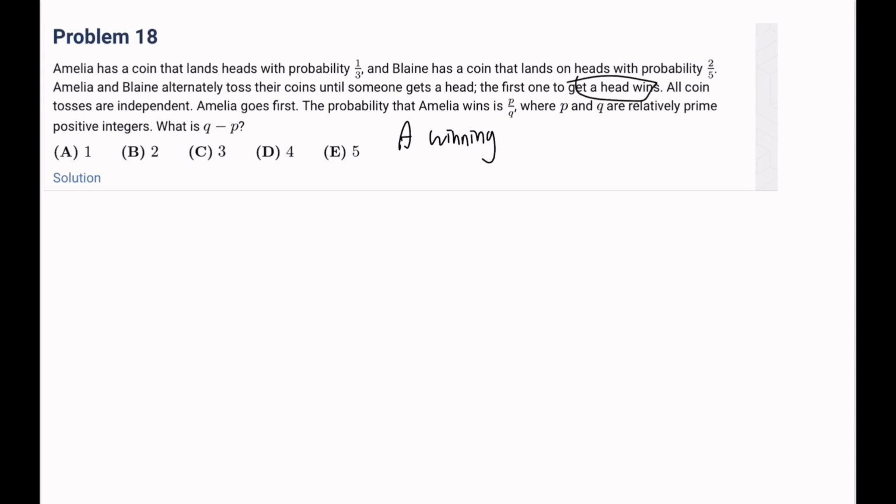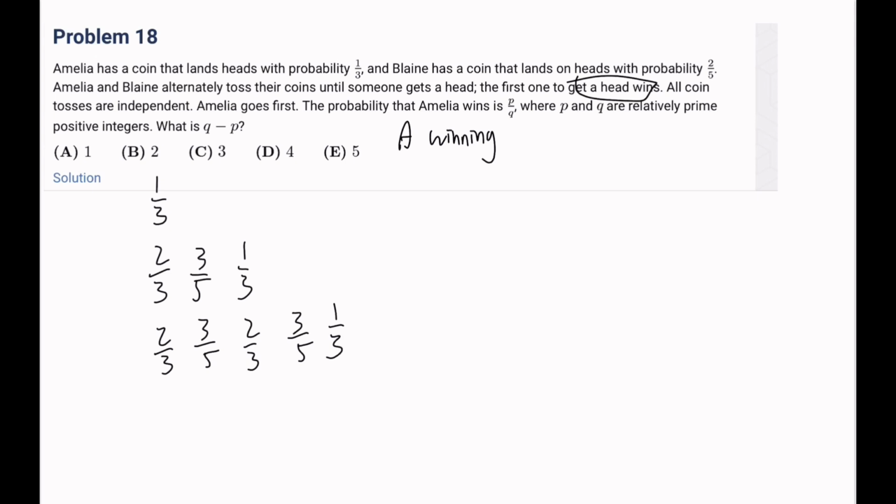If Amelia wins the first time, that would be 1 over 3, or Amelia could not get a head, 2 over 3, and then Blaine could not get a head, 3 over 5, and then Amelia could get a head, 1 over 3, right? Or Amelia could not get a head, Blaine could not, Amelia could not, Blaine could not, and finally Amelia would get a head, right?